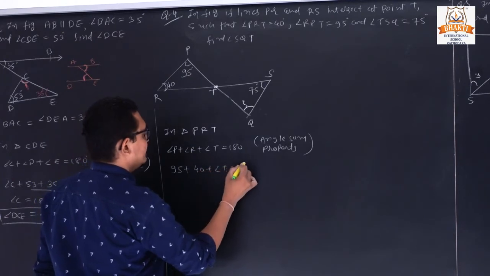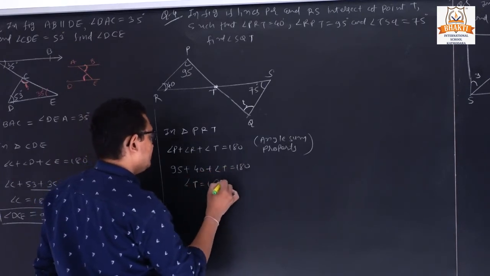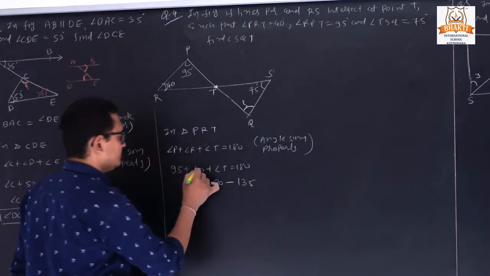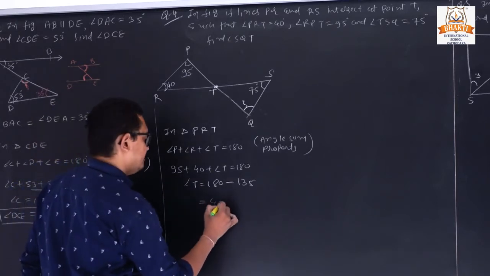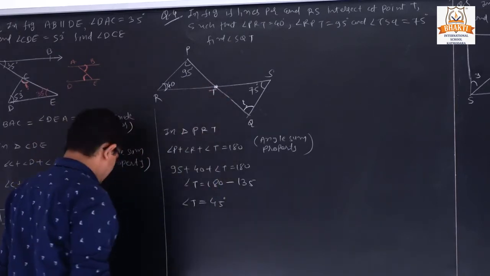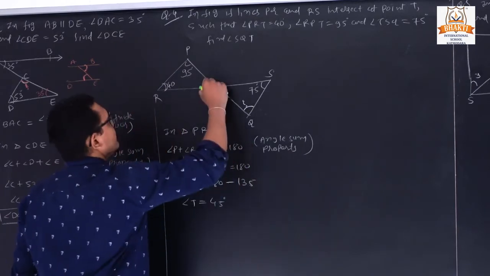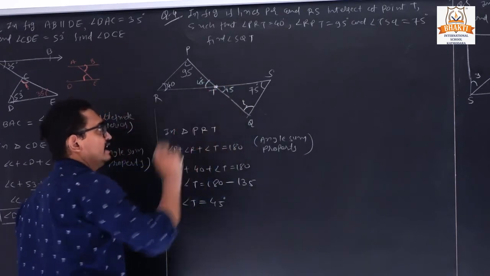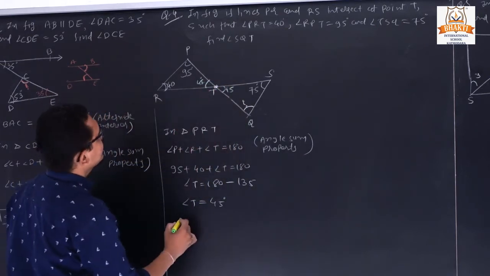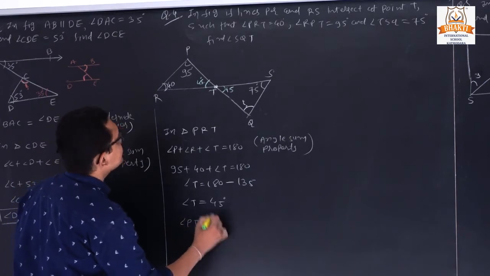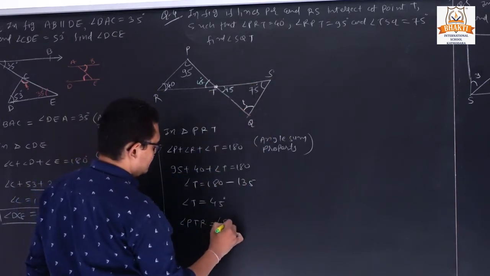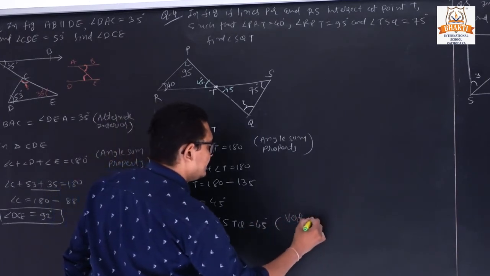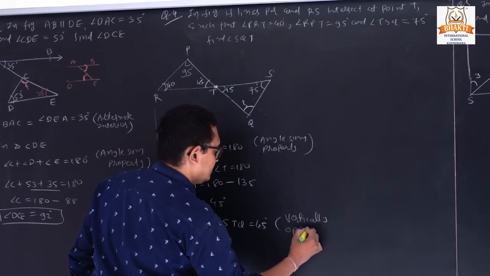So angle T is equal to 180 minus the sum of these both, 135. So it is 45. So this is also 45, vertically opposite angle. So we can write angle PTR is equal to STQ is equal to 45, vertically opposite angle.